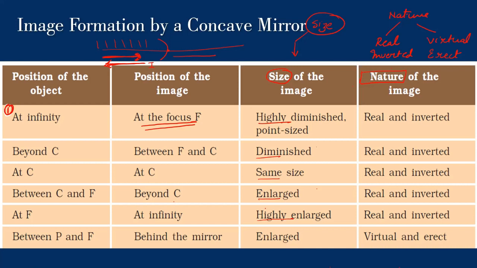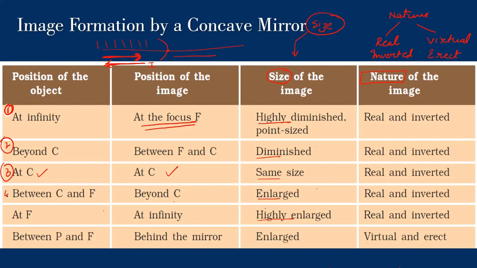As far as the 6 cases are concerned, first case, at infinity, position of the image is at focus. Second case, now we are coming closer to the mirror. Beyond center of curvature, the image is formed between focus and center of curvature. Third position, they meet. If the object is at center of curvature, the image is also formed at the center of curvature.